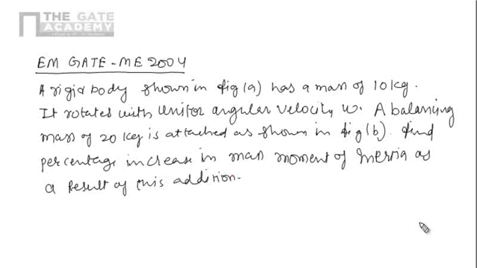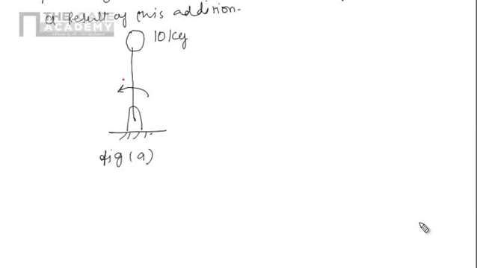So now I will draw the diagram for clear understanding. This one is figure A. Here is the hinge joint. We are attaching a mass of 10 kg, moving with some angular velocity omega, and this distance is given, that is 200.